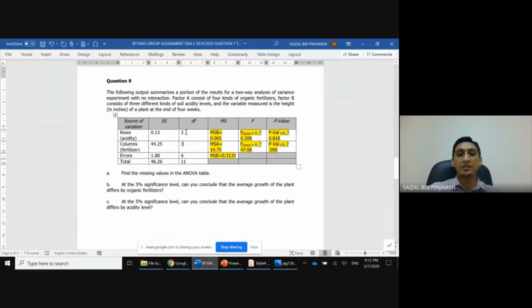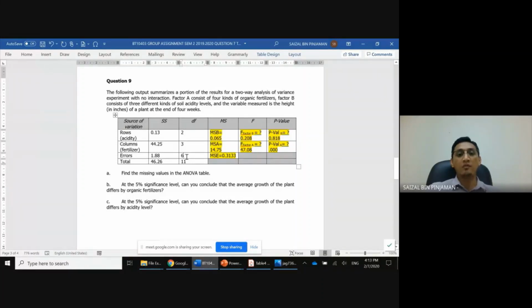The degrees of freedom for acidity is equal to 2, and we obtain 2 by taking 3 kinds of soil acidity level minus 1. So 3 minus 1 equals 2, and 4 minus 1 equals 3.